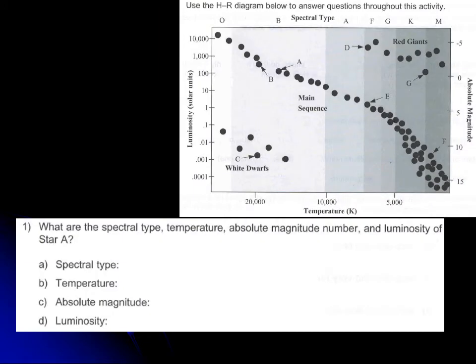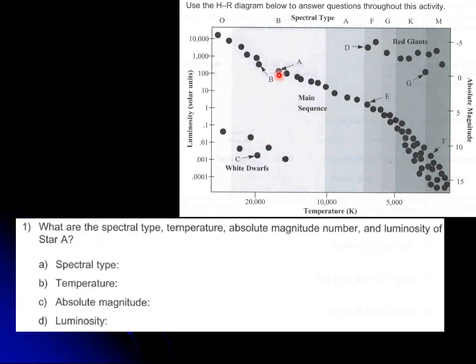Getting into the lecture tutorial, we're given this diagram that shows different stars labeled A, B, C, D, E, F, G. And then the question is, what are the spectral type, temperature, absolute magnitude number, and luminosity of star A?